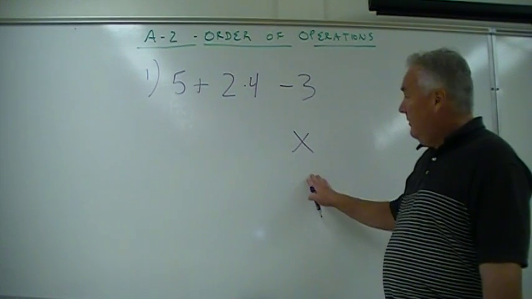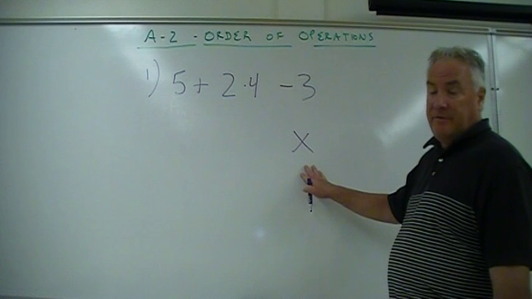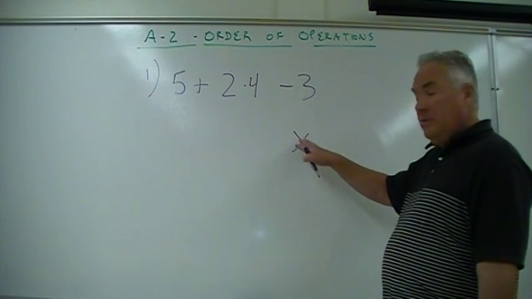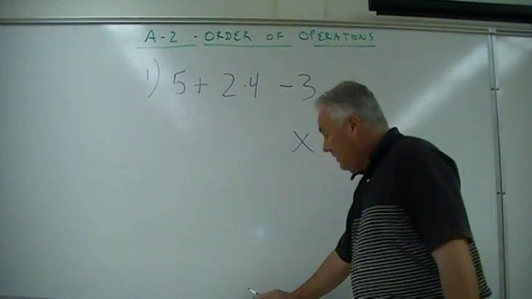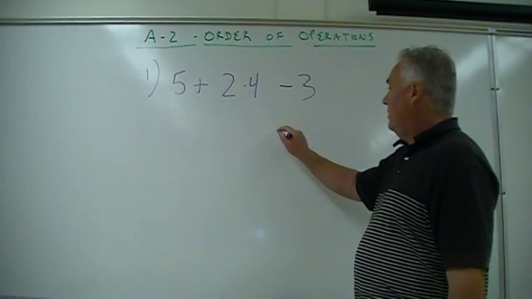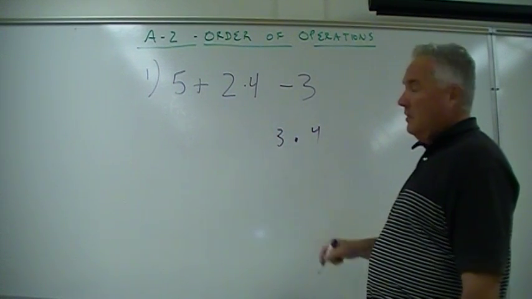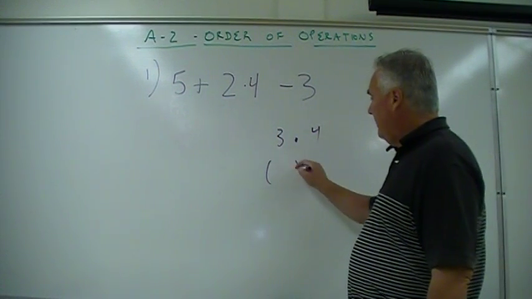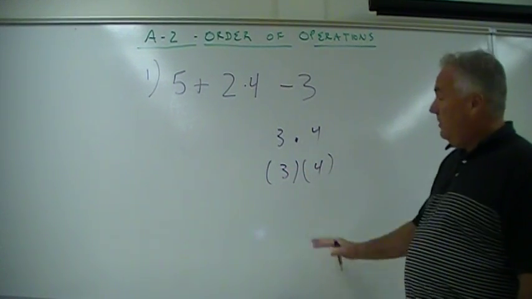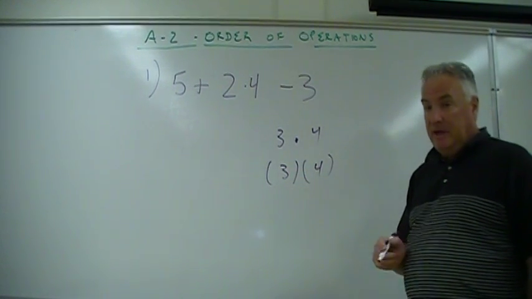The problem becomes, in algebra, we use x as a variable. We need to find it. So we tend not to use this x anymore for times. We use a dot. So 3 times 4. Sometimes we use parentheses and do 3 times 4. That will indicate multiplication as well.